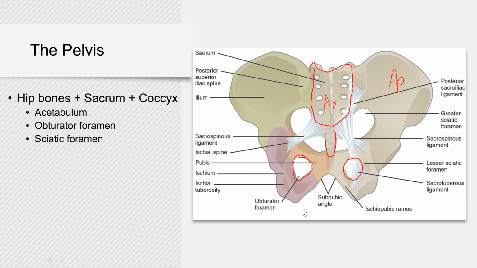right? So here you can see the subpubic angle better, right? Now, acetabulum, we cannot see acetabulum over here, but I will go back to a previous picture, and the sciatic foramen we cannot see on this diagram either.